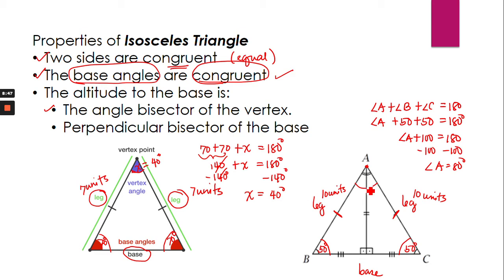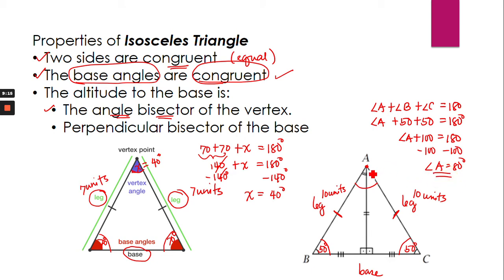If you form a segment perpendicular to the base, we call this an altitude. Based on the theorem, the altitude to the base is also an angle bisector. What do we mean by angle bisector? That is a segment that divides an angle into two equal measures.